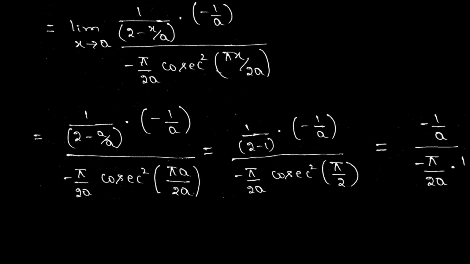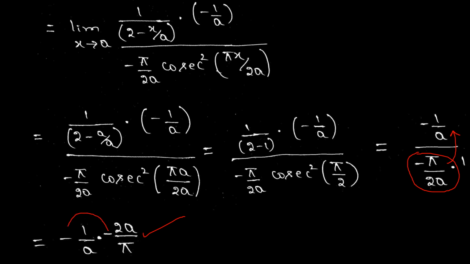Now let us take this denominator to the numerator as a reciprocal. Yes, it becomes minus 2a by pi. Now what happens in the next step? Minus into minus becomes plus, and this a and this a get cancelled. Your answer will be 2 by pi.